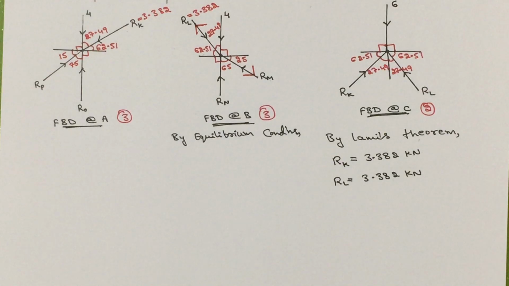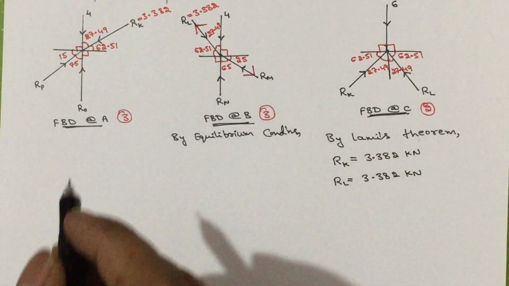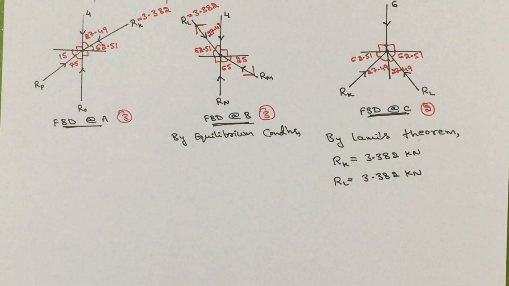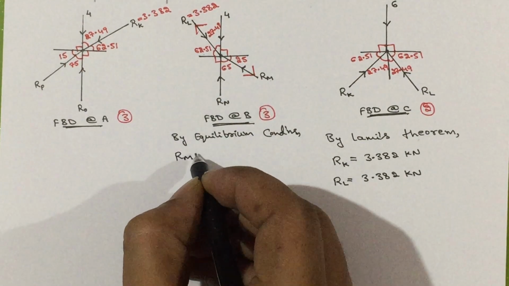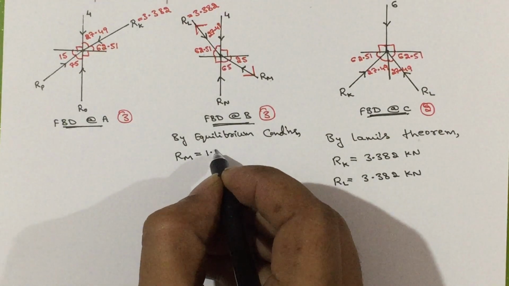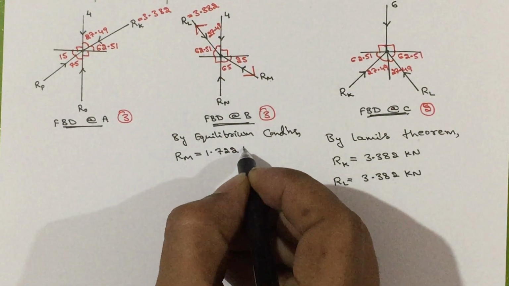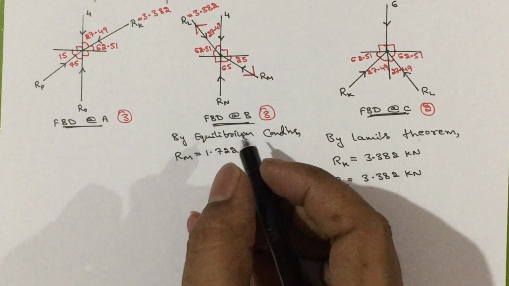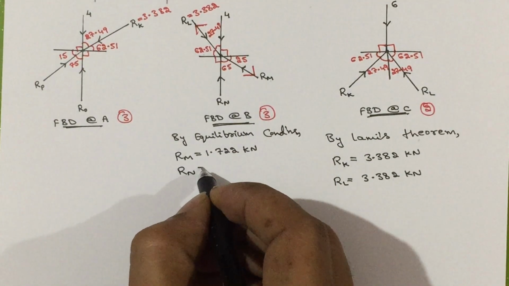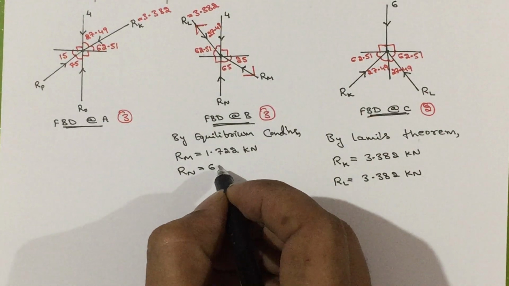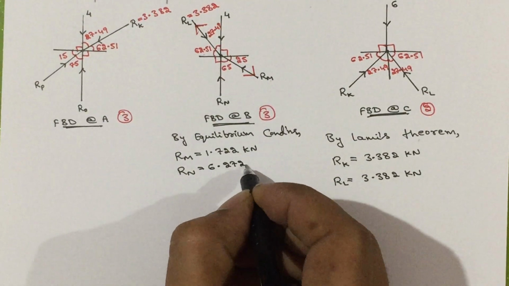You are going to get the RN and RM values. RM you are going to get as 1.722 kilonewton. Then RN you are going to get as 6.272 kilonewton.